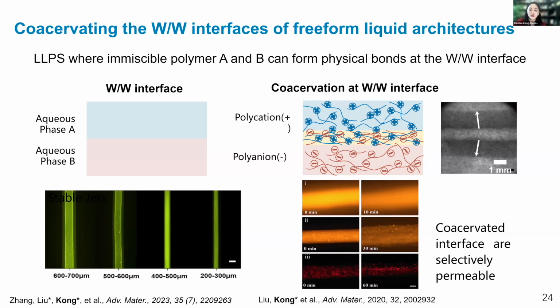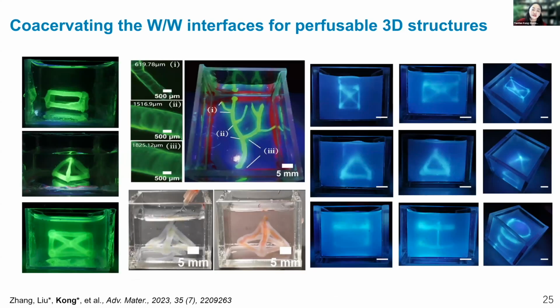This interfacial coacervate membrane can form interconnected perfusable microchannels, particularly valuable for tissue vascularization. Here in these images, you can see branching vascular structures that can incorporate living cells in them.